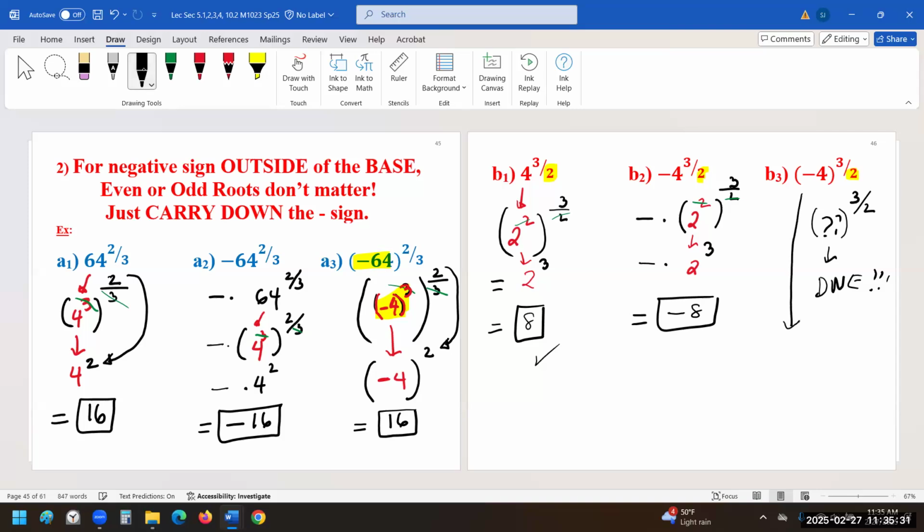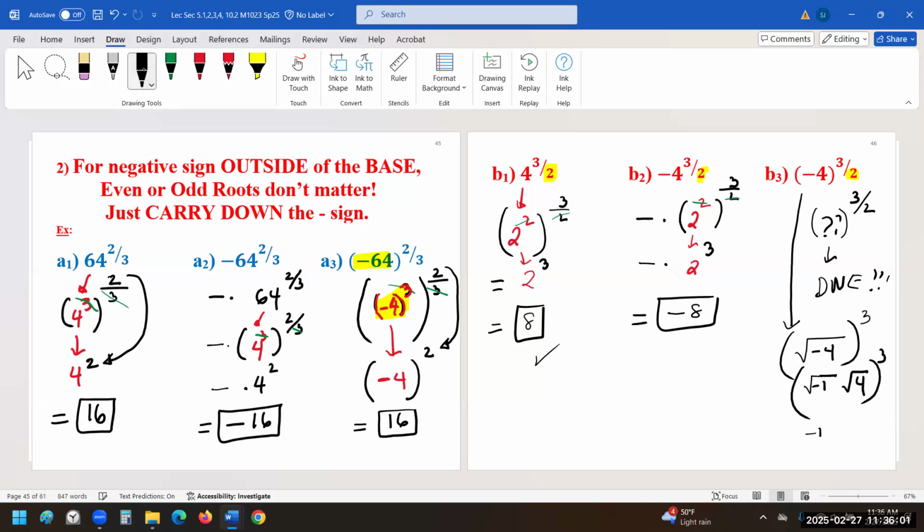So for this one, it will become square root of -4 whole thing cube. For this question, doesn't exist is fine because I didn't teach you what is i. Look what happens here. We have square root of -1 and square root of +4, cube.